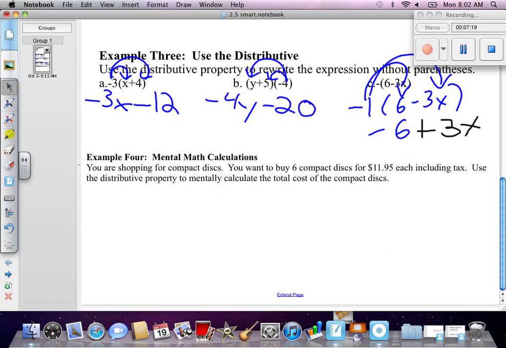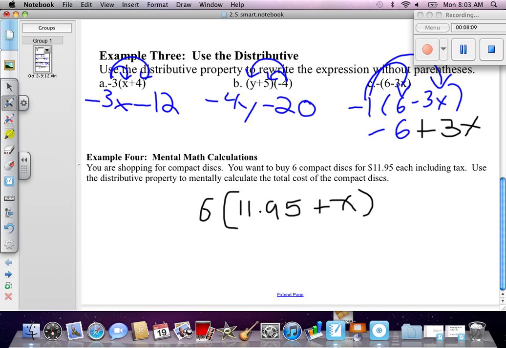So for the cost of the compact disc, you have the cost, which is $11.95, plus the tax, which is going to be x. And you have to times that whole thing, so that's the whole thing in parentheses, times 6. So it costs $11.95 plus tax, times 6.